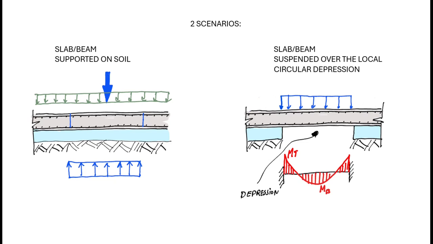And second scenario is we are assuming that local depression may occur under the raft. So our raft will act over the depression as a suspended concrete element, and we need to find internal forces in such element, slab or beam, and we need to check reinforcement and do all necessary related checks.